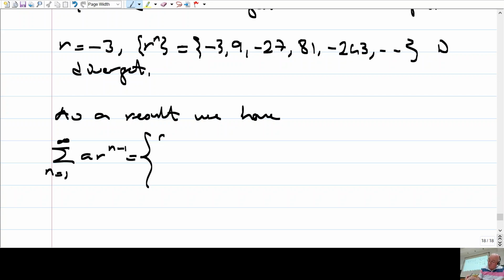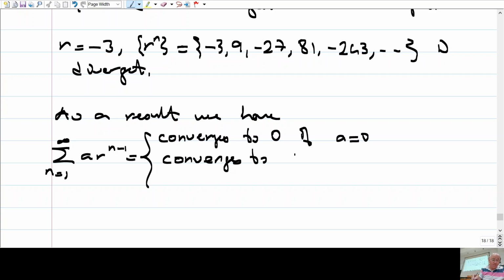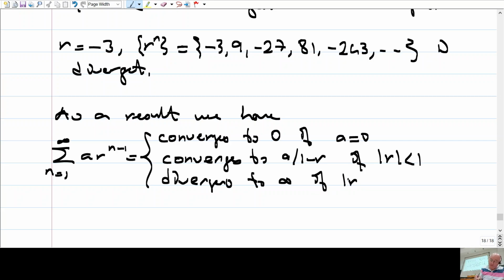So this converges to 0 if a is 0. Converges to a over 1 minus r if the absolute value of r is less than 1. Diverges to infinity if r is larger than or equal to 1 and a positive.